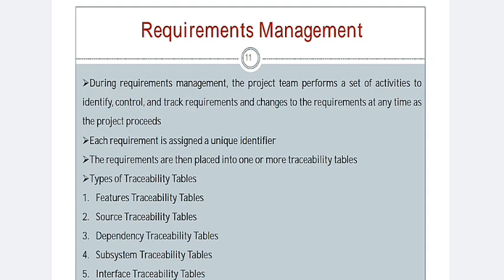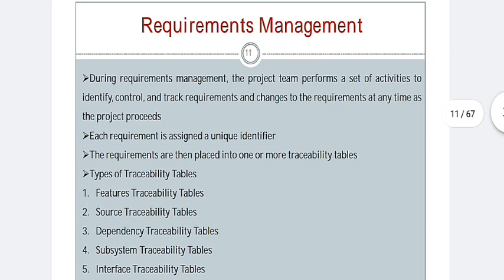Each requirement is assigned a unique identifier. So whenever we get all the requirements, each requirement is provided with an identifier. The requirements are then placed into one or more traceability tables.